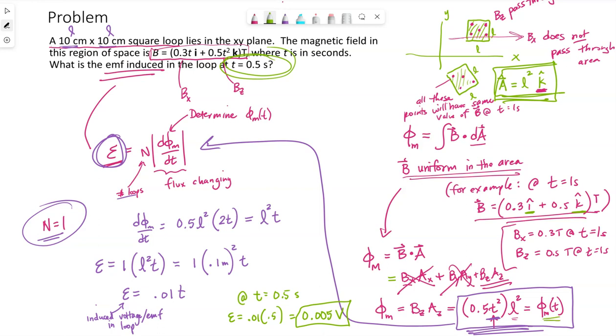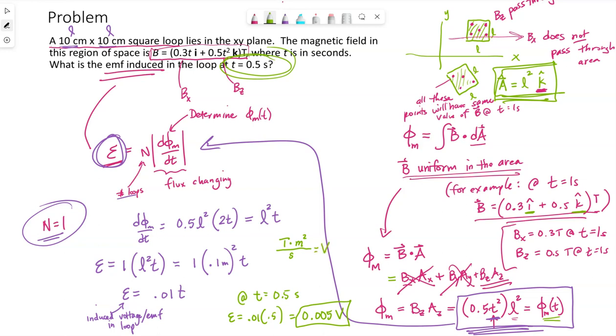flux itself will have units of Teslas because of the magnetic field. I changed the 10 centimeters into meters. So Teslas times meters squared is the units of flux. And then dividing by time, when we take the derivative, that's when we're getting the per second aspect.